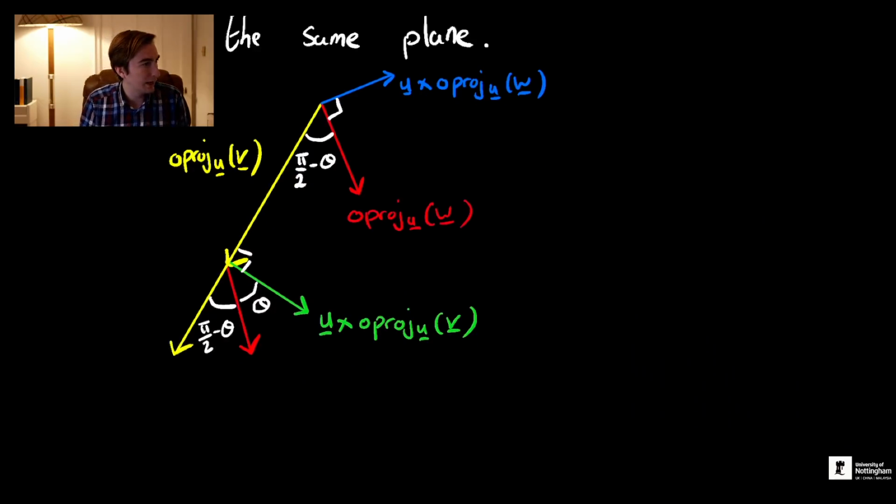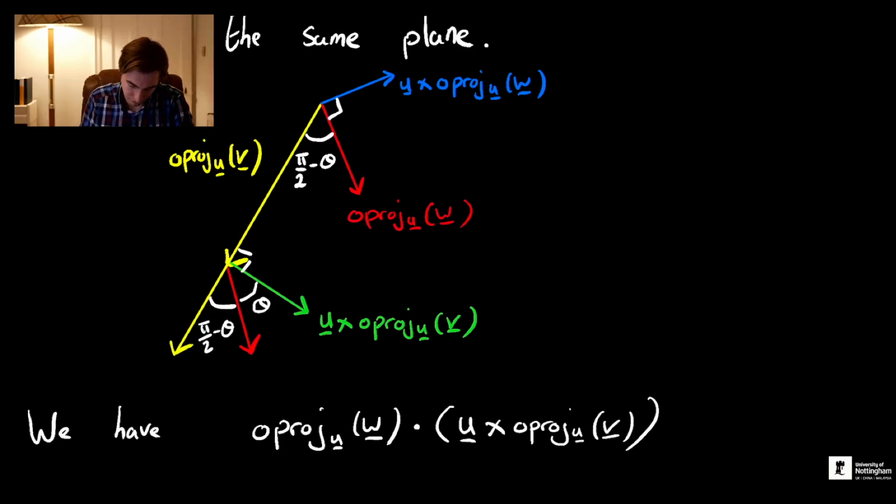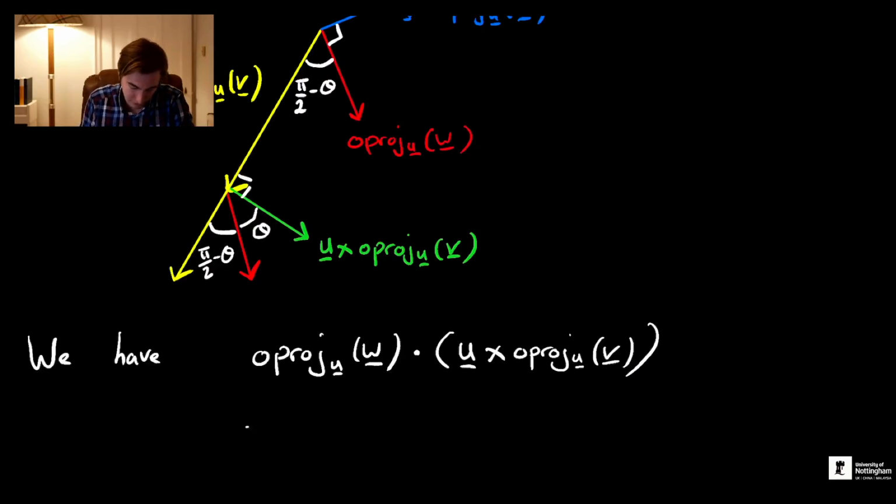So let's look now at, we have in my calculation in the notes, the orthogonal projection of w onto u. And we want to take the scalar product of that with u crossed with the orthogonal projection of v onto u. Okay, so how would we write that? Well, let's just use our formula for the scalar product.